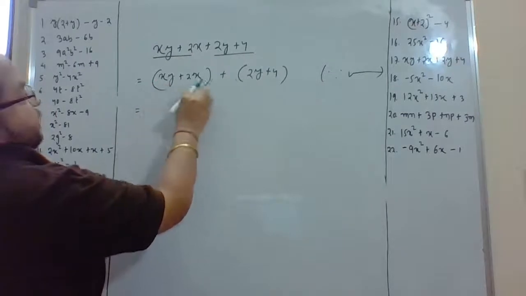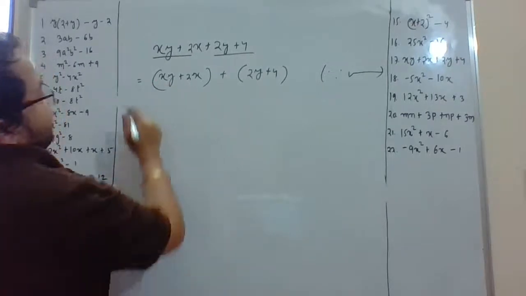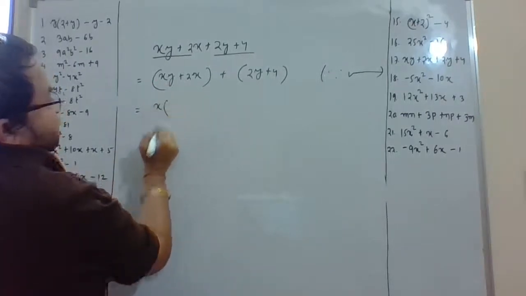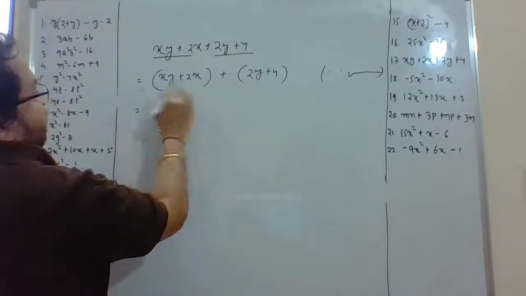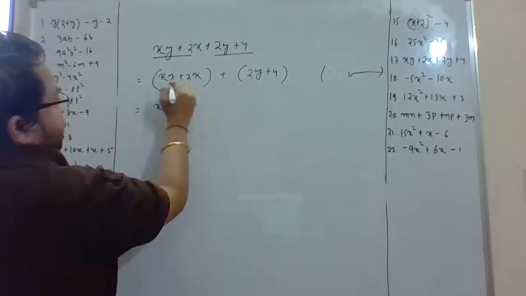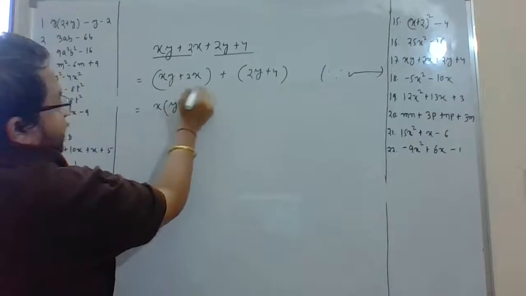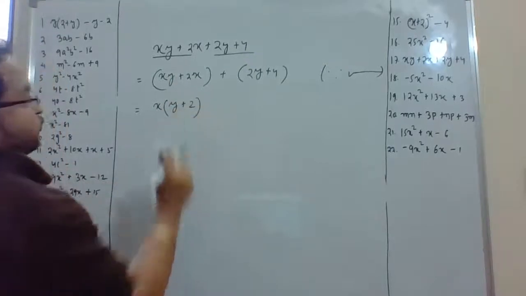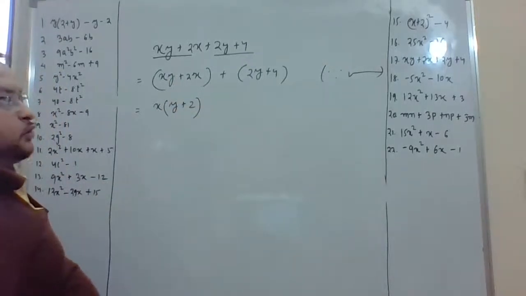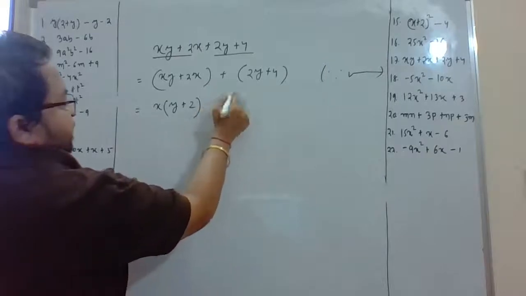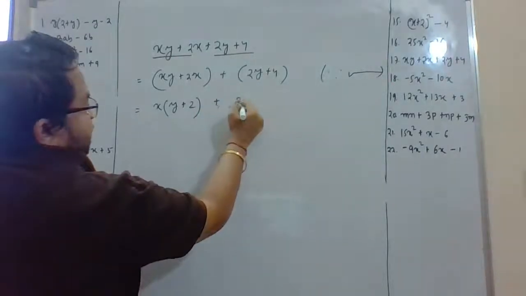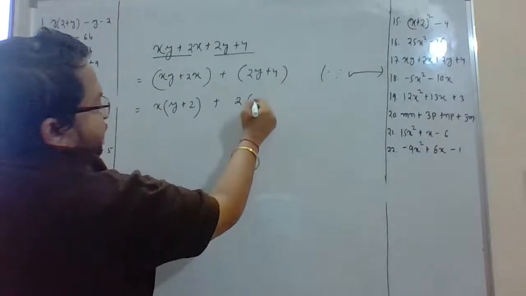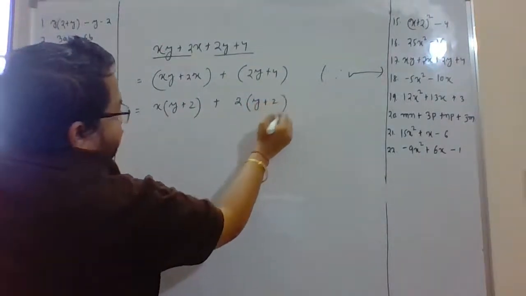So now between the first two terms, I can take x as the common factor, and what will remain is, from the first term I get y, from the second term I'm getting 2, y plus 2. Now similarly, between the third and fourth term, if I take 2 as the common factor, what I get is y plus 2.